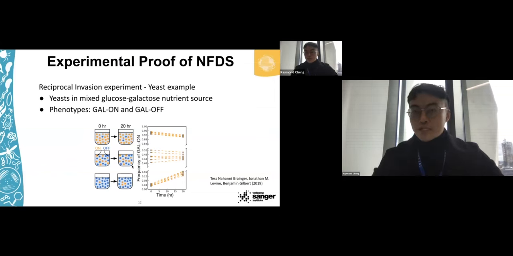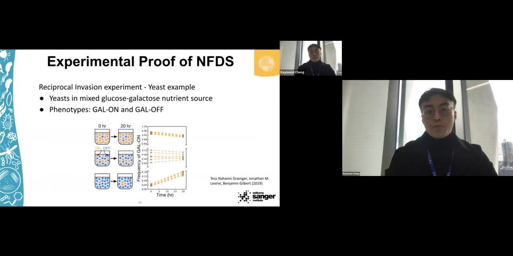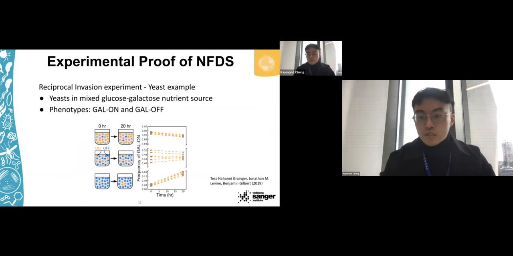So there are so many examples of NFDS, but how can we actually prove NFDS exists? Experimentally, we can do a kind of experiment called reciprocal invasion experiments. This is using yeast as an example.